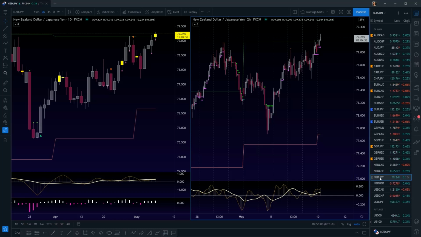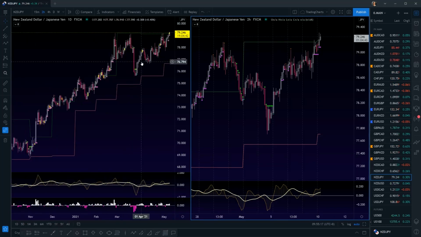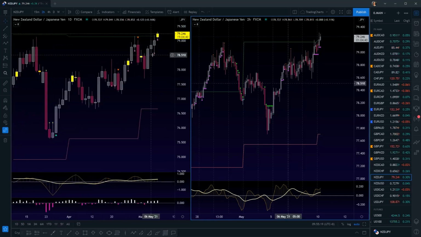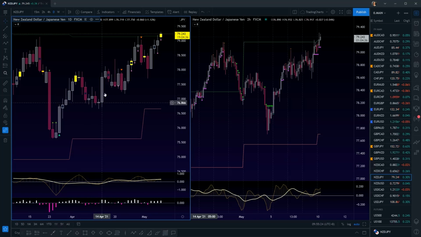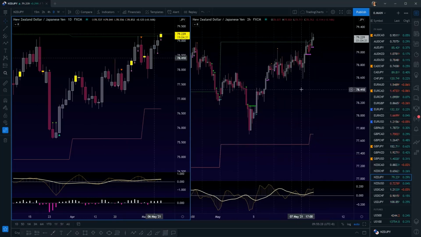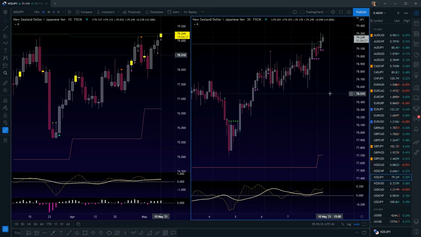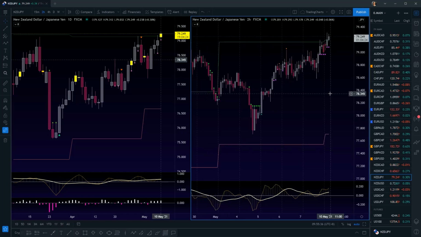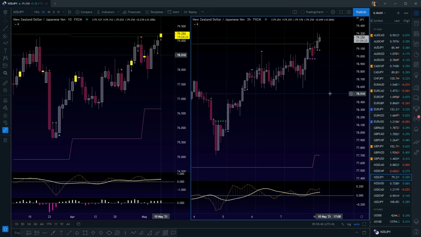New Zealand yen, pushing against monthly levels. You can see 1, 2, 3. It's all at this level. So 1, 2, 3, fourth wave up. So we might want to look for the reversal trade, but I don't see any good reference for this right now.